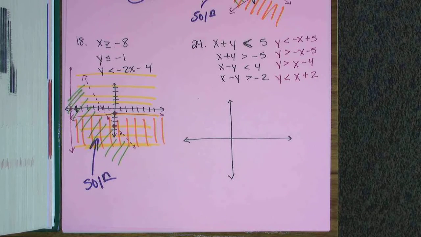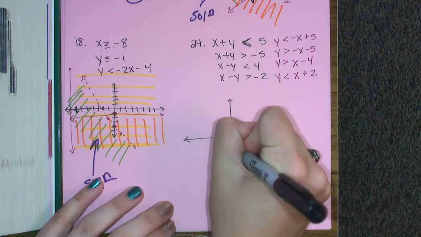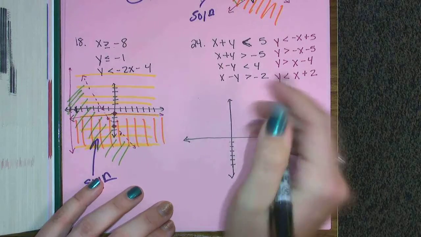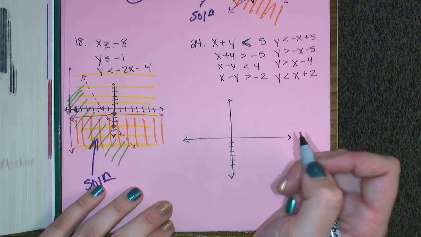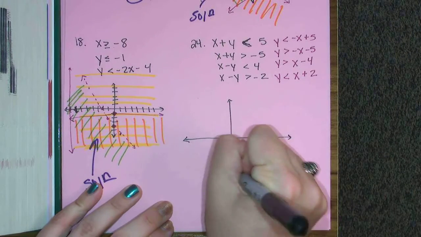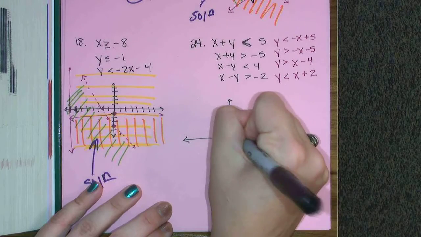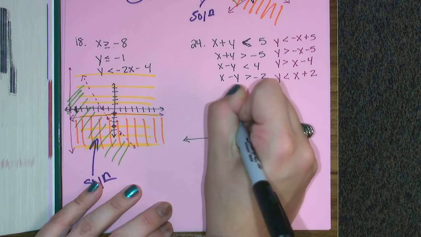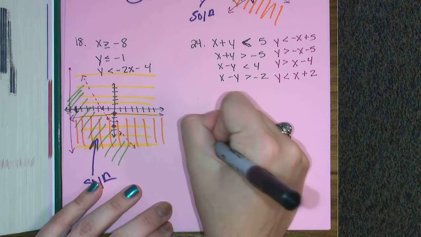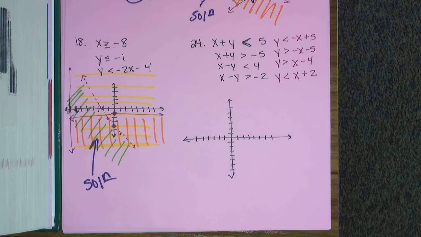Okay, so I'm going to go over here and label my graph as best as possible, because I also am dividing by negative. Basically, yeah. Okay, let's start with the top one and work our way down.